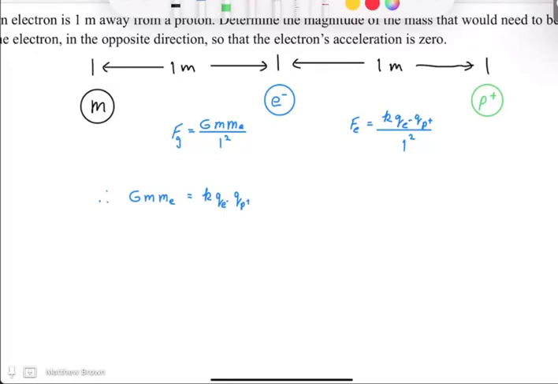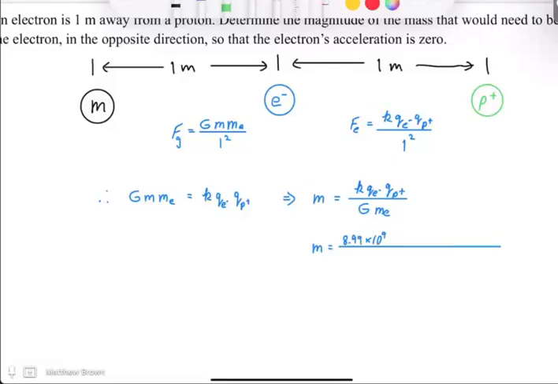And since M is what we actually want, we can divide both sides of this by M_E and G, which means the mass would need to be K Q_E Q_plus divided by G M_E. So I might as well put in the numbers here. That means the mass would equal K, which we said was 8.99 times 10 to the 9.